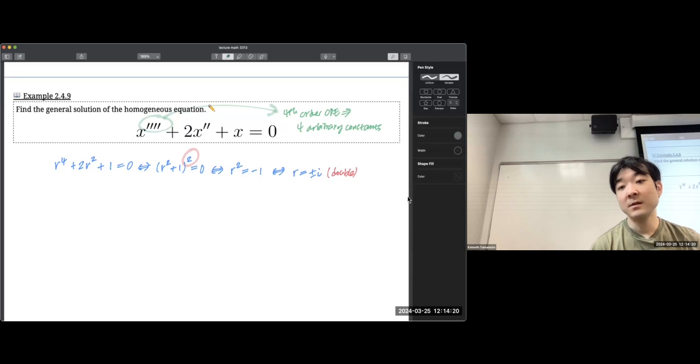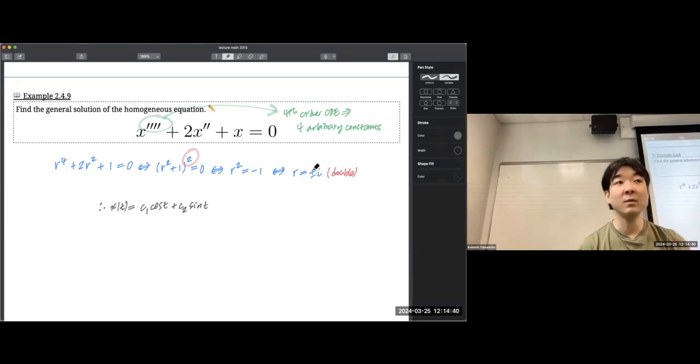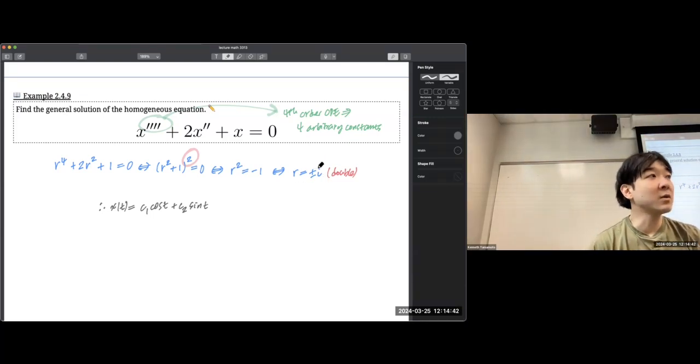So let's first build the solution as if it wasn't a double root, then you just have plus or minus i. The solution for that would be, we know because it's complex, no real part, it's pure imaginary, and beta is equal to 1. So this would be the solution if we didn't have a double root. But it's a double root, so it's going to follow the same pattern we had before.